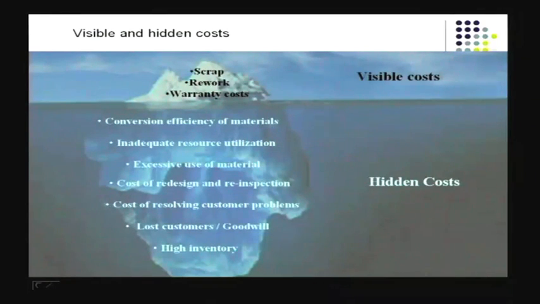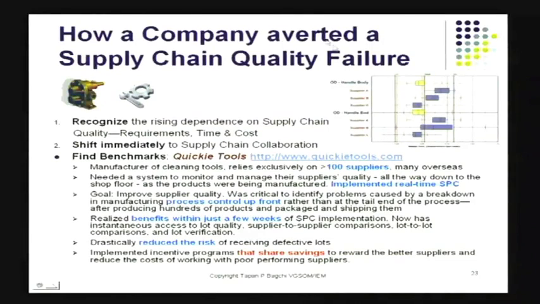That's also an additional cost. Cost of resolving customer problems because there is a problem with the product that I sold him. Lost customers, goodwill, these are also corporate costs. And of course, high inventory. These stay hidden when you've got high inventory. That's just the tip of the iceberg.